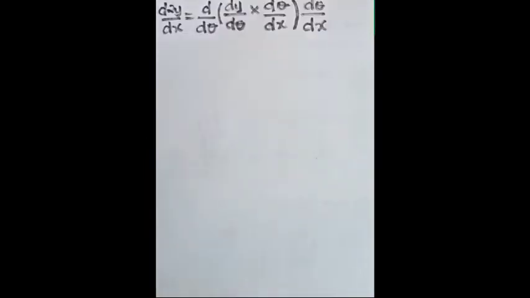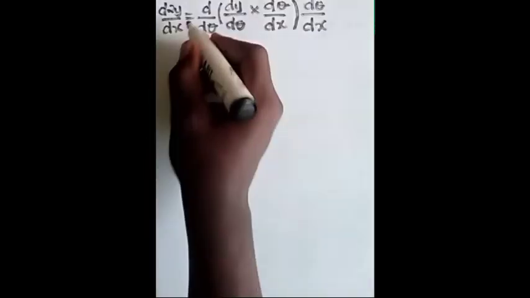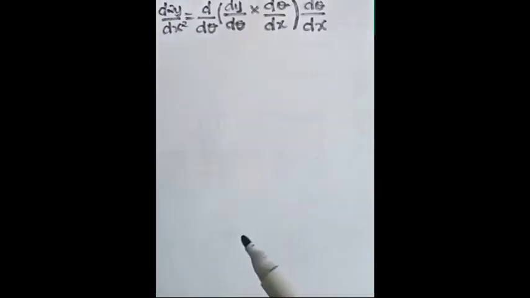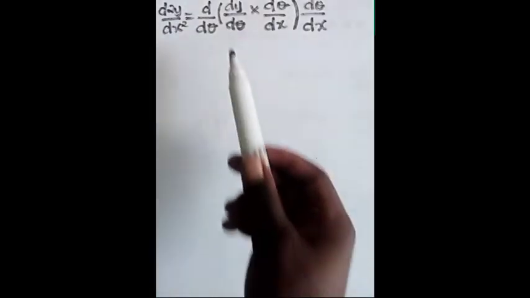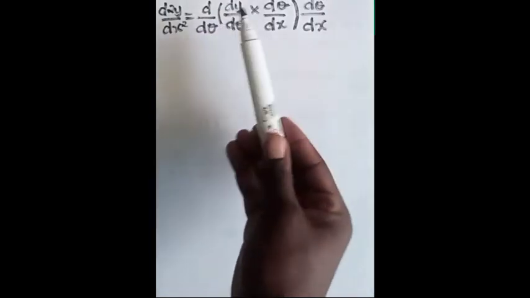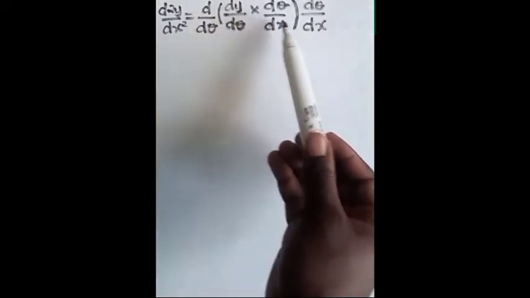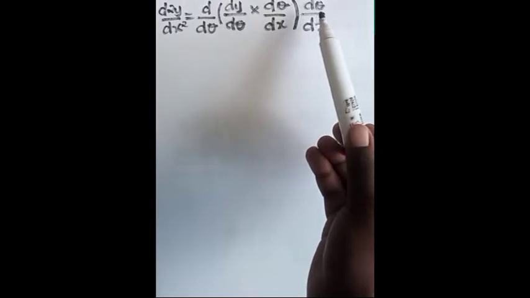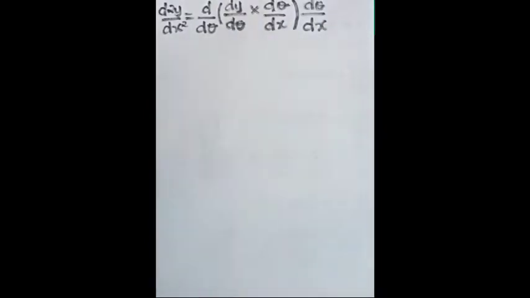So let's see how this goes. We have d²y/dx² equals d/dθ of dy/dx, where dy/dx can still be written as dy/dθ times dθ/dx, all that multiplied by dθ/dx. Keep this formula, note it, because questions are going to be coming frequently.